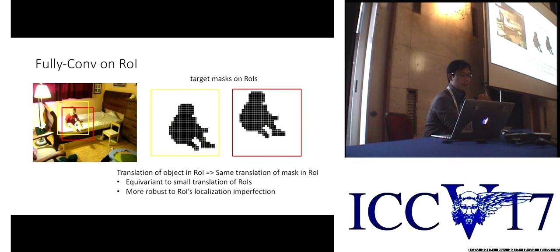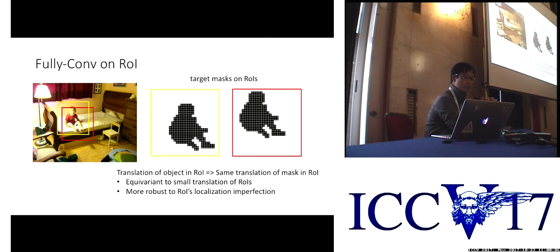So let's consider this example. We consider two different ROIs in the same image. One is shown in the yellow box, the other is shown in the red box. If we describe the mask with respect to these two boxes, you can see that the mask has been shifted by a small number of pixels within this ROI.